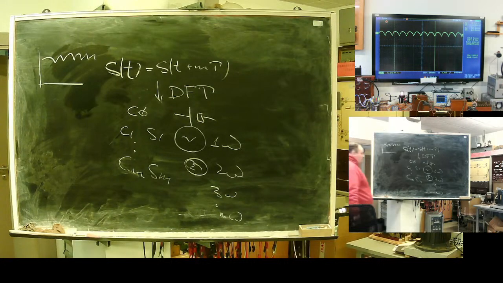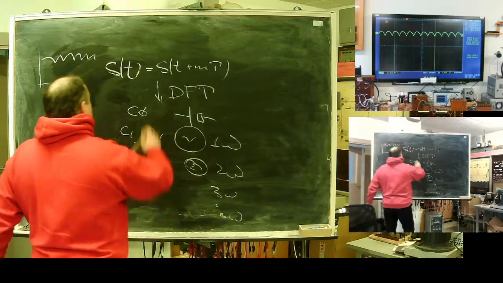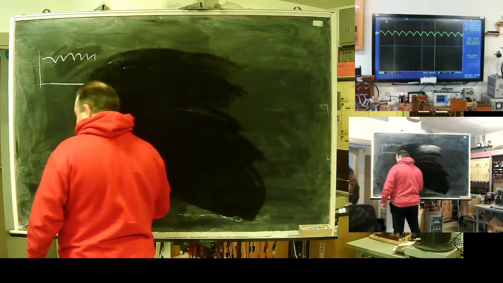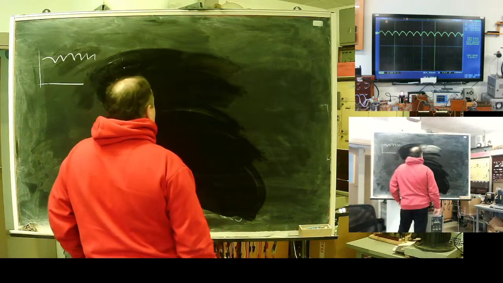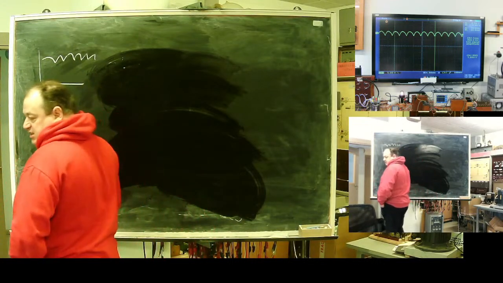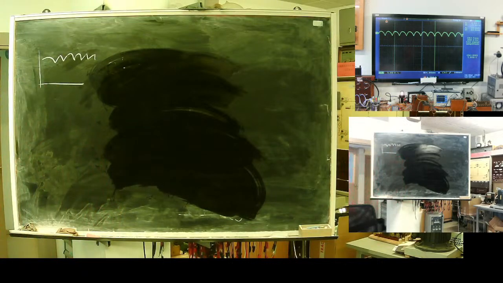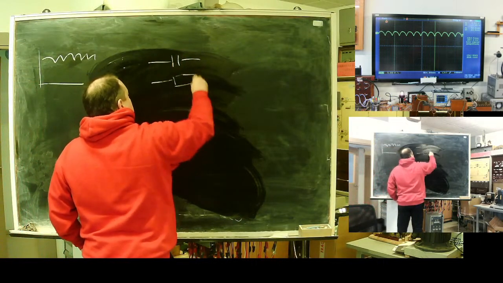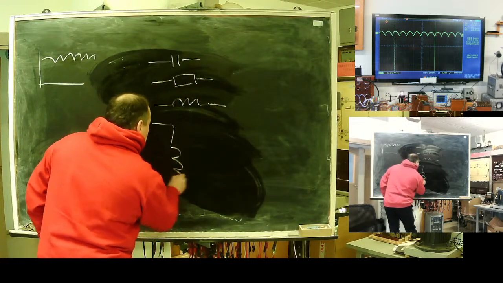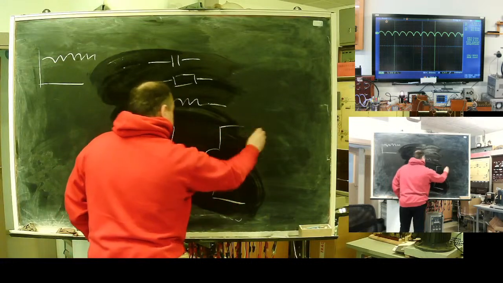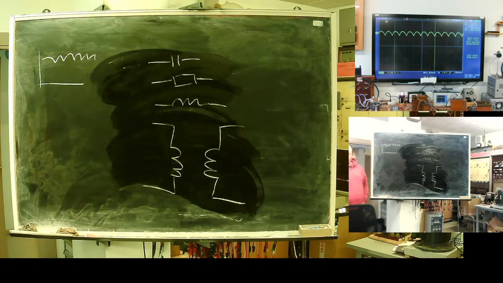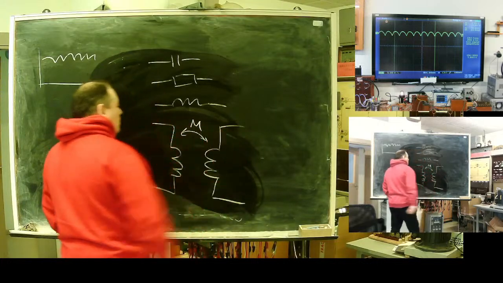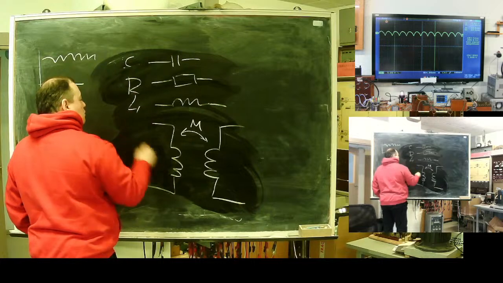Next step. When, with the help of the discrete time Fourier transform, I get these ideal harmonic components, I can take my network: capacitors, resistors, coils, and coupled coils.